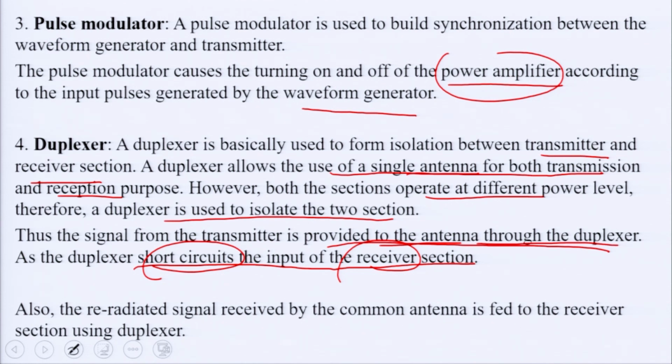In the next case, the reradiated signal received by the common antenna is fed to the receiver section using the duplexer, and in that case our transmitter section has been short circuited. In that way, it is used to provide isolation between the transmitter and the receiver section.